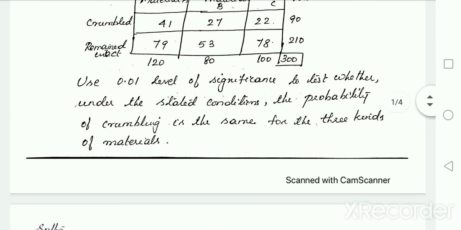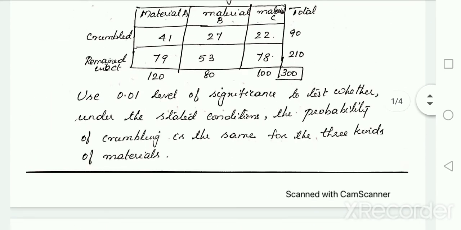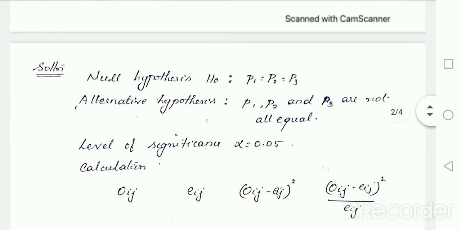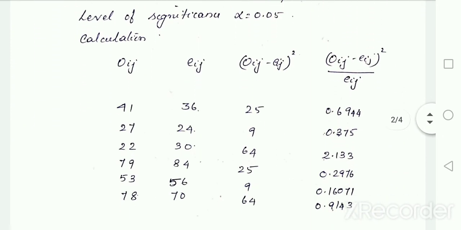So from this table, instead of 41, we need to calculate the corresponding row total into column total divided by the entire total. So instead of 41, we have 90 into 120 divided by 300. Instead of 27, we have 90 into 80 divided by 100. Like that, we have to calculate all 6 values. So we get the expected frequencies 36, 24, 30, 84, 56, 70.